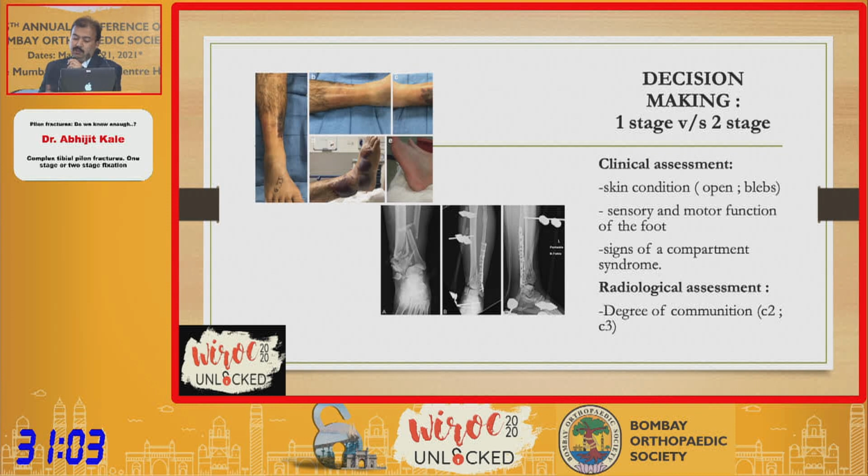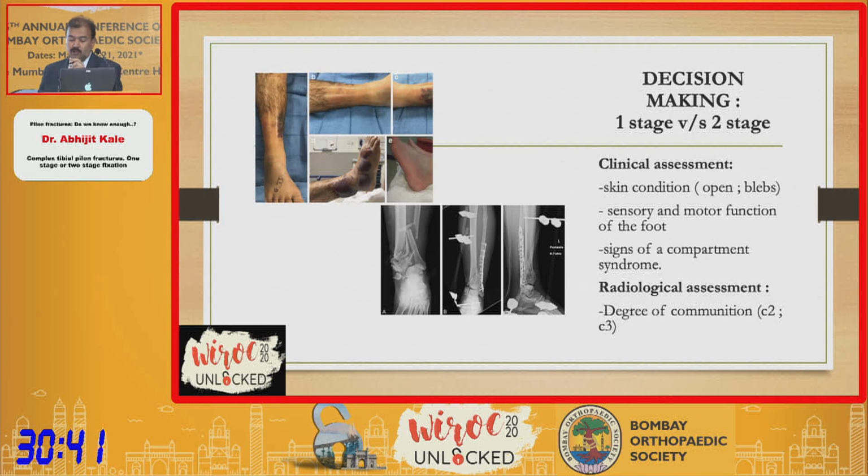Thus, the decision essentially depends upon the clinical as well as the radiological assessment. In the clinical assessment, we look at the skin condition: whether it's open or closed, or whether there are associated blebs. The sensory and motor functions of the foot also need to be evaluated, and one needs to keep compartment syndrome in mind in rare cases.